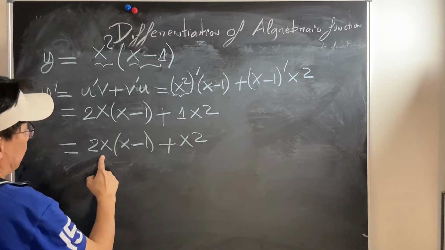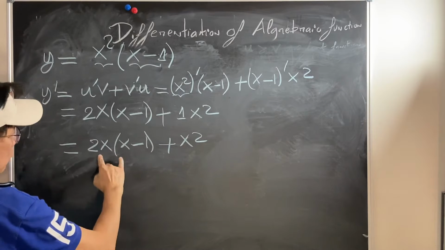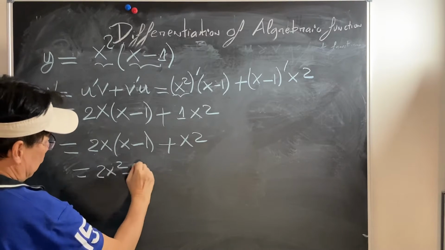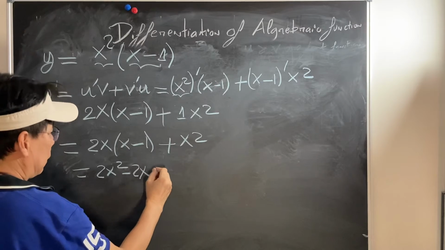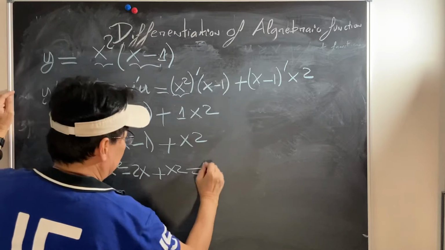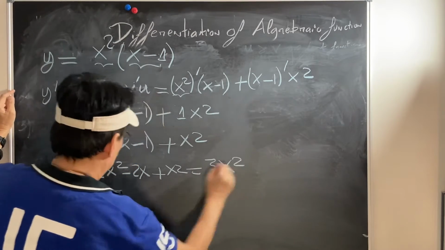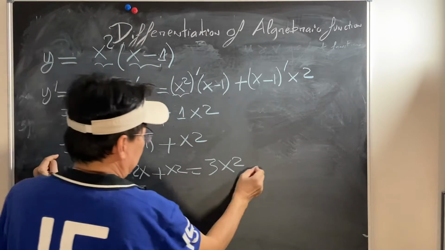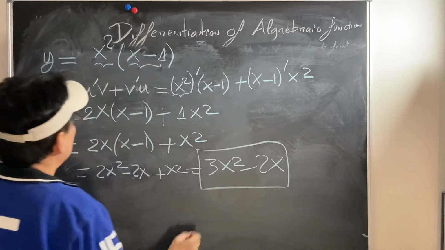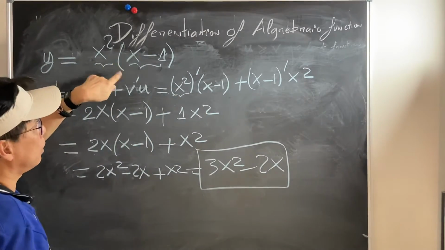You can simplify by multiplying the first two terms: 2x times x is 2x squared, minus 2x, plus x squared. x squared plus 2x squared equals 3x squared, minus 2x. This is the final answer. That's how we use the product rule.